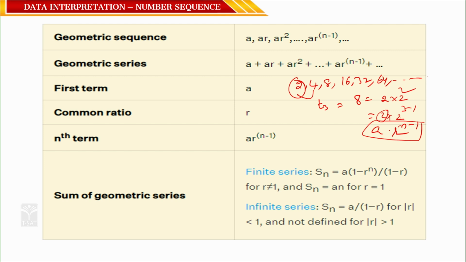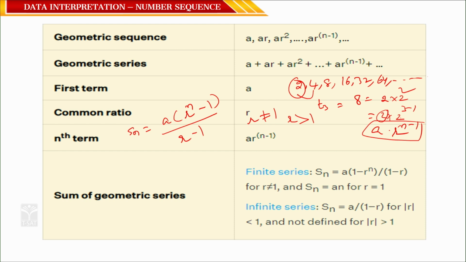So, if the r value is more than 1, then the sum of n terms Sn is equal to a times r to the power of n minus 1 by r minus 1.